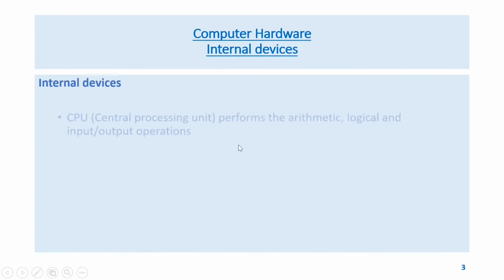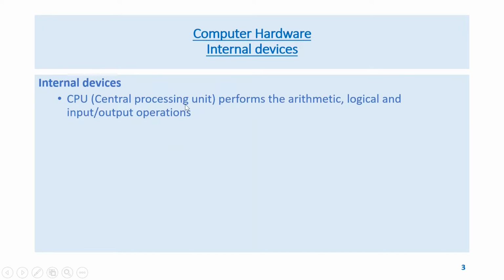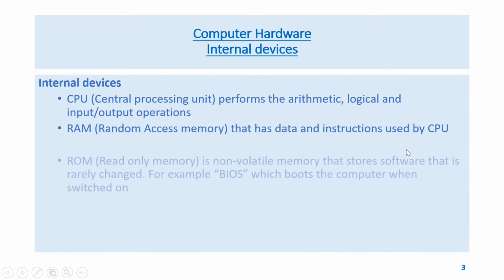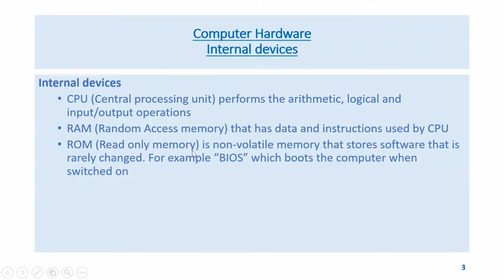Internal devices. CPU, Central Processing Unit, performs the arithmetic, logical and input-output operations. RAM, Random Access Memory, has data and instructions used by the CPU. ROM, read-only memory, is non-volatile memory that stores software that is rarely changed.